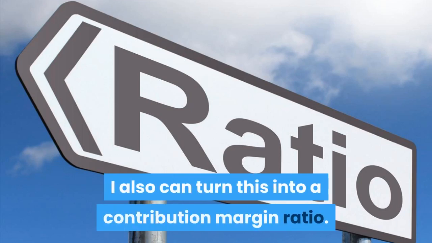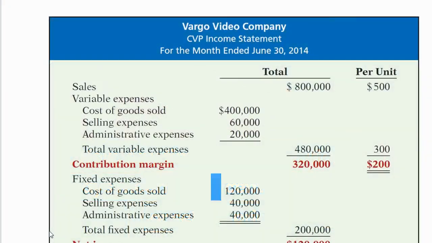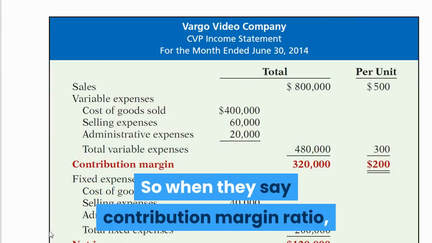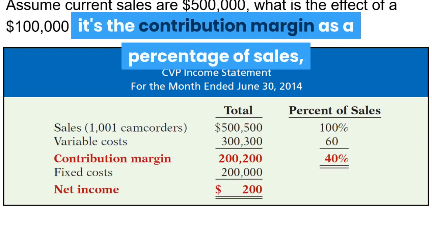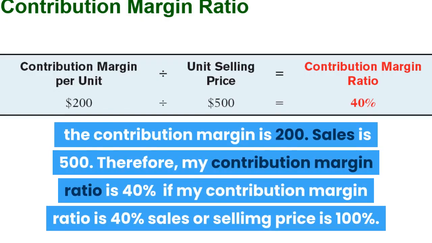I also can turn this into a contribution margin ratio. Now, anytime you hear ratio, it always means a percent of total sales or selling price. So when they say contribution margin ratio, it's the contribution margin as a percentage of sales. The contribution margin is $200, sales is $500, therefore my contribution margin ratio is 40%.